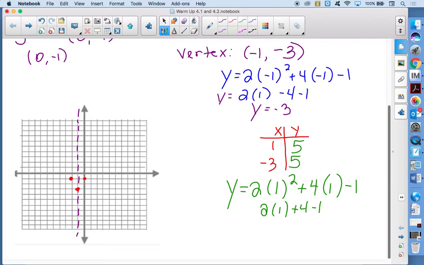So use the graph to help with those points that you're choosing. So the last 2 points, we have a 1, 5. And then -3, 5, and they should be symmetrical. So both those points should be 2 away from the axis of symmetry. So when you connect those points, this is a narrow parabola.